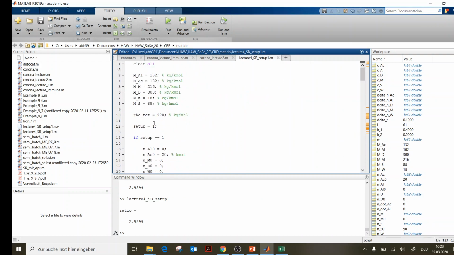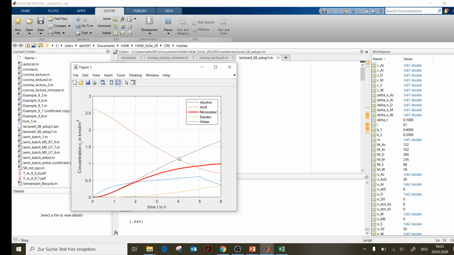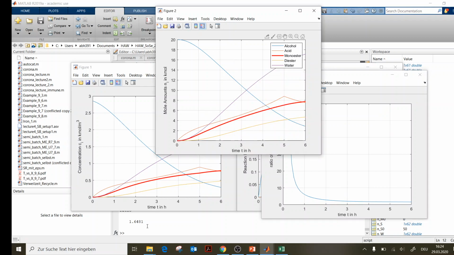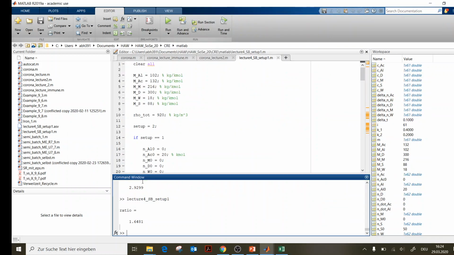If we go here and say, okay, setup 2, then you can see that some things changed here. For example, the ratio changed from nearly 3 to 1.65.